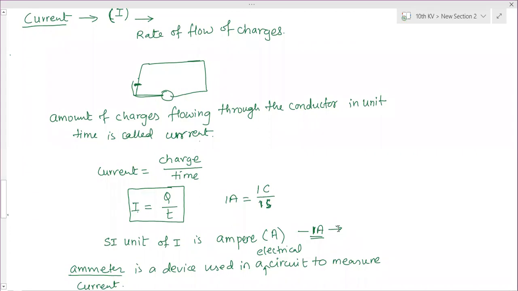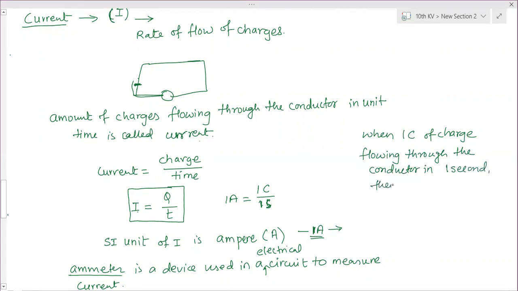When 1 coulomb of charge flows through the conductor in 1 second, then the current flowing is said to be 1 ampere.